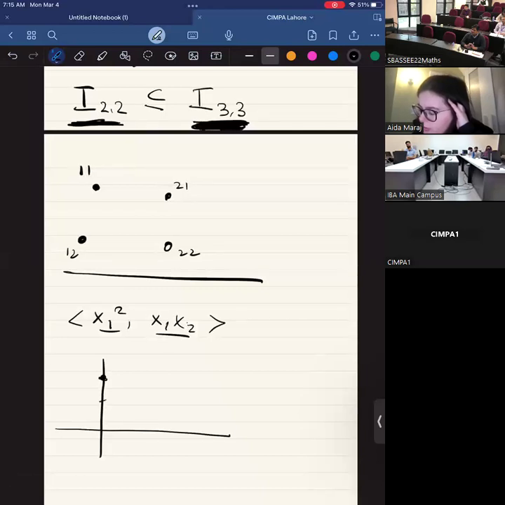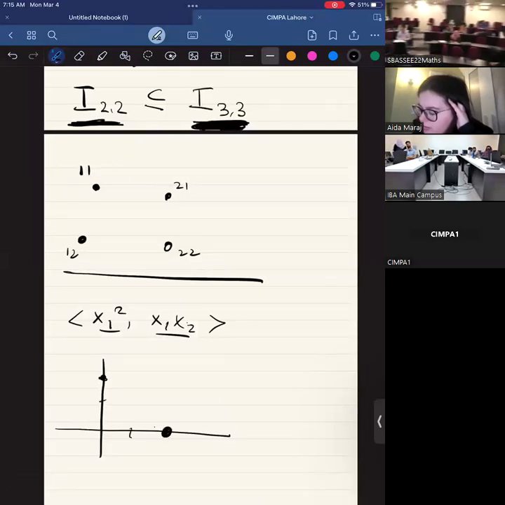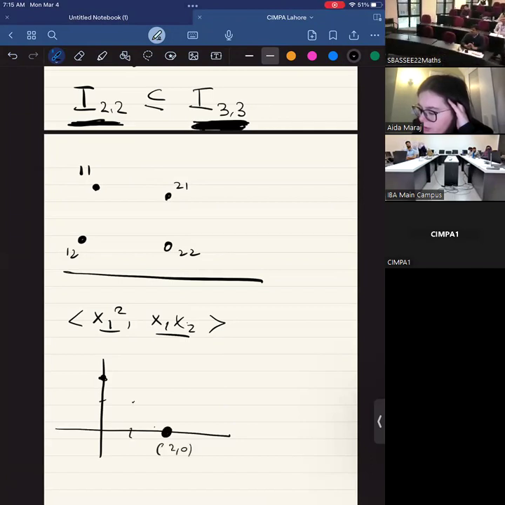Like 2, 0? This one, x1 squared. And then x1 x2 is there. Now you identify all of them, so it will divide the plane into two parts. One is inside this ideal, all the monomials which are coming.